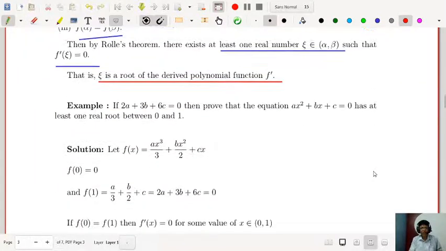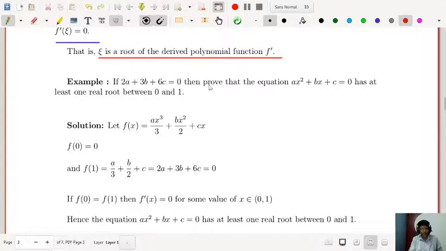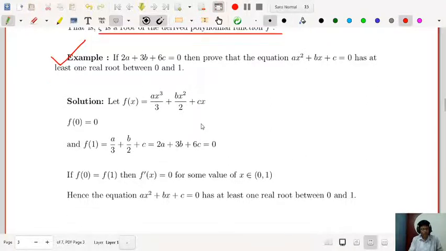Now let us have an example with the help of this polynomial. This is a very important example, maybe for JEE also. If 2a plus 3b plus 6c equals 0, then prove that the equation ax square plus bx plus c equals 0 has at least one real root between 0 and 1.